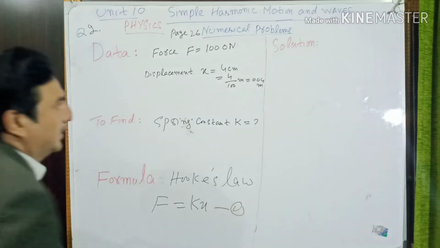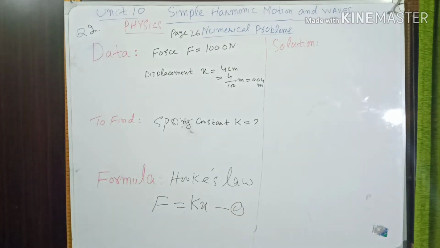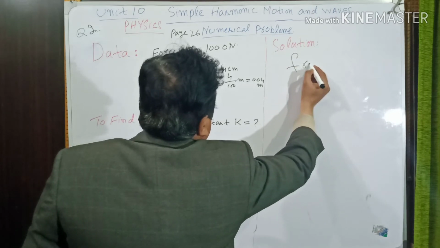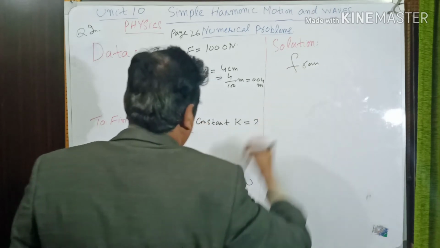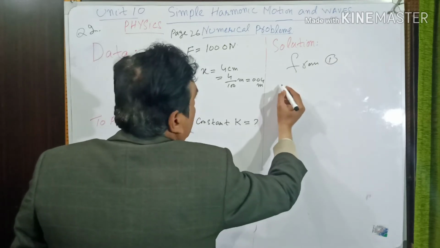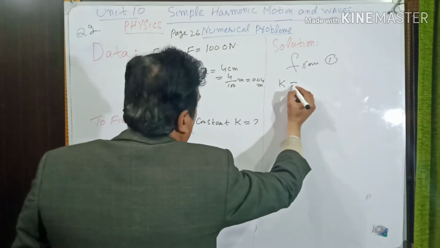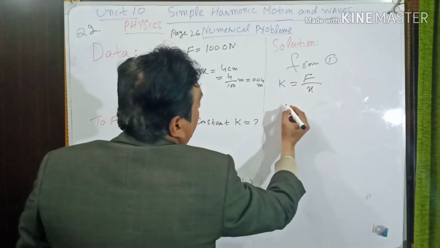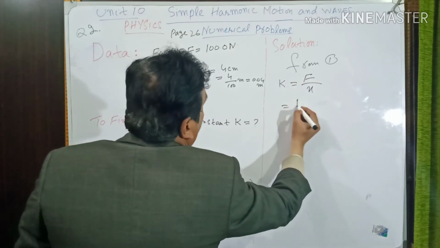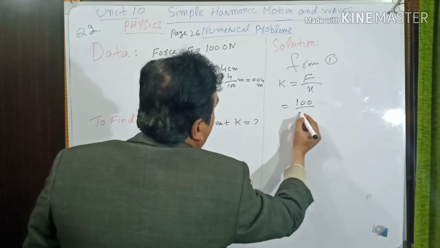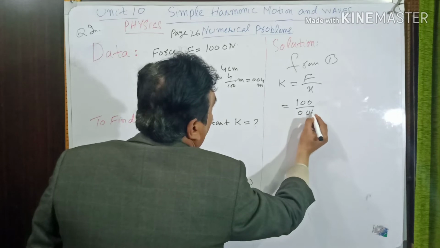This is equation 1. Solution: from equation 1 we write this equation for K. K is equal to F divided by x. The value of F is 100 and x is 0.04.